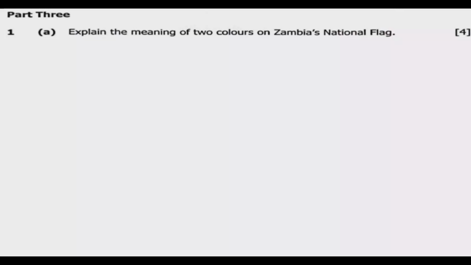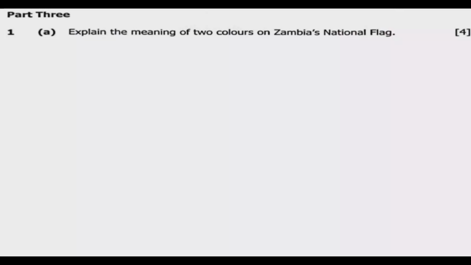So the question is, explain the meaning of two colors on Zambia's national flag. What you need to do is, first we need to come up with points. I'm going to come up with points for all the four colors, since there are just four. Unless there were many, like 10, I could have just stuck to two.